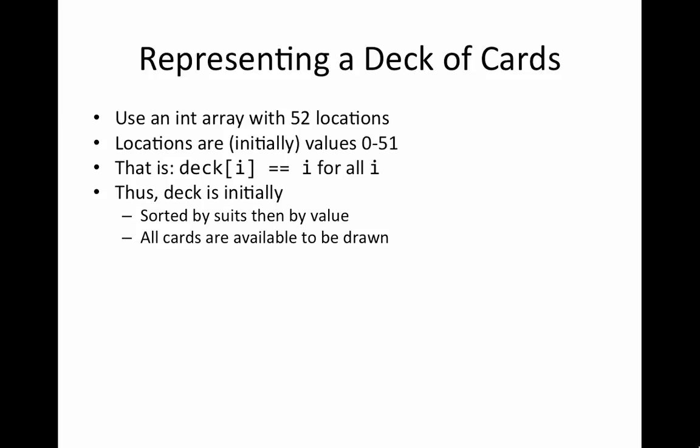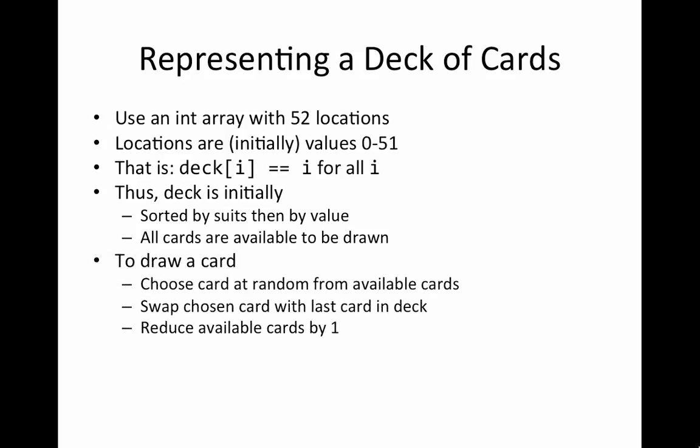Now, what should happen if we draw a card? How should we change the representation of the deck? If we choose a card at random, then we should swap this chosen card with the last card in the deck. And we should reduce this counter that we keep, how many cards are available, by 1.